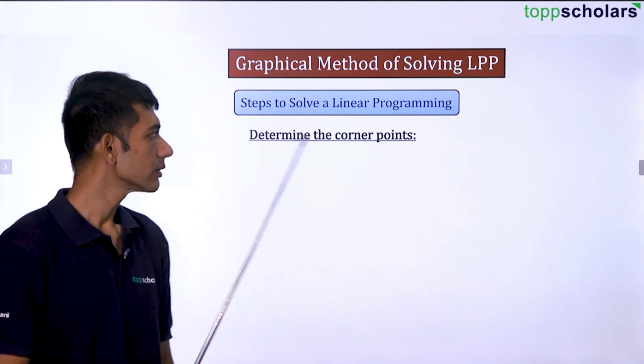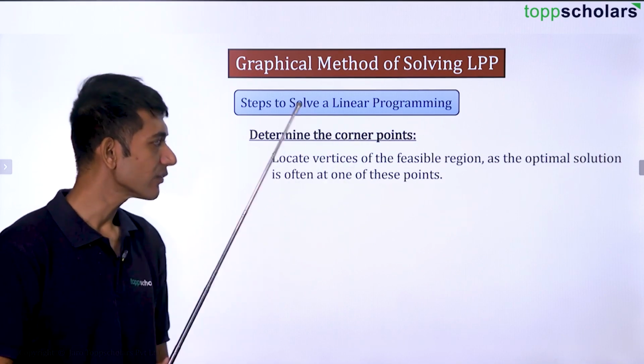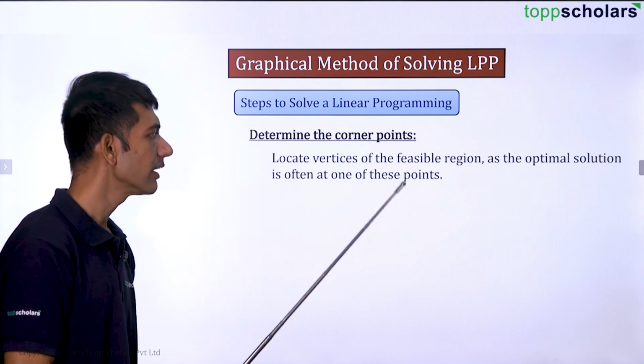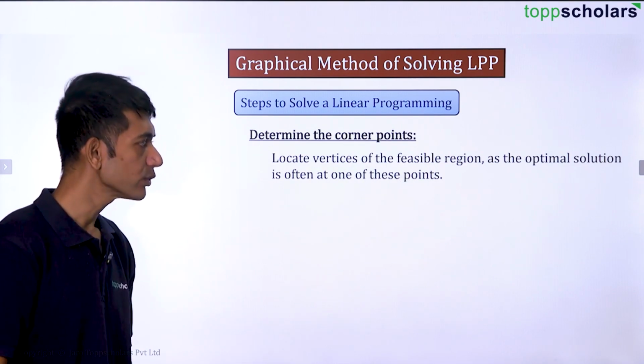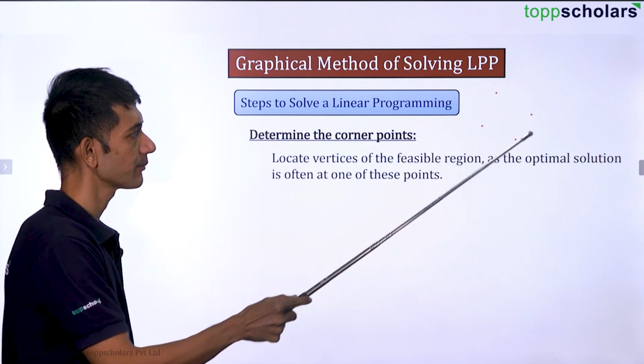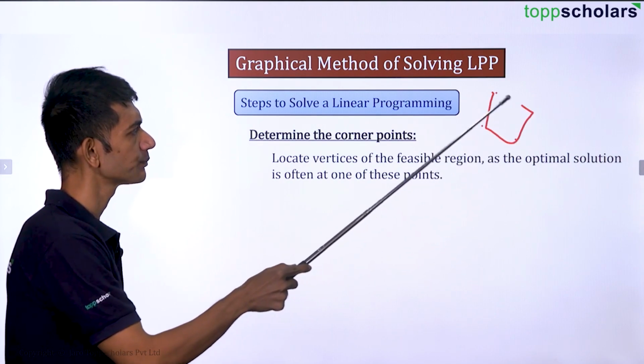Now let us talk about the corner points. How do we determine the corner points? So locate the vertices of the feasible region, as the optimal solution is often at one of these points. What we will do is, we'll locate the vertices, that is, we'll locate the points basically.